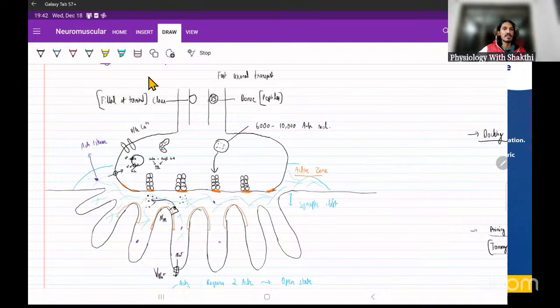The action potential which was in your nerve, which got carried all the way, will result in calcium coming in. Calcium will combine with the neurotransmitter vesicle to allow it to fuse and release its neurotransmitter. The acetylcholine goes to the nicotinic muscle type receptor, resulting in the end plate potential, a graded potential. Once it reaches the threshold, it activates the voltage-gated sodium channel, sodium flows in, and hence the depolarization wave has reached here.